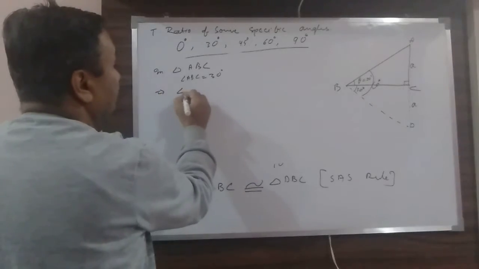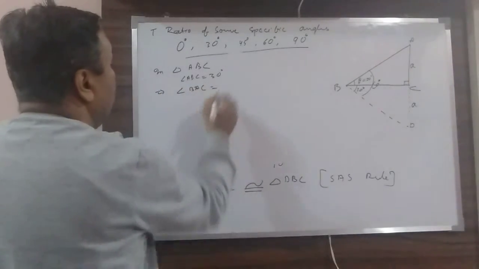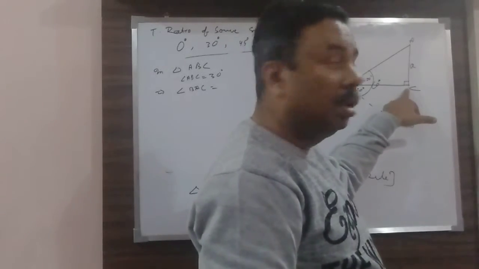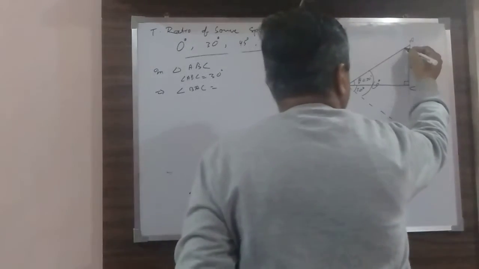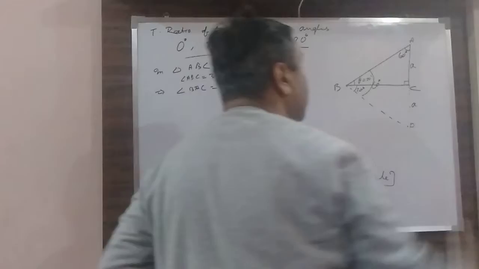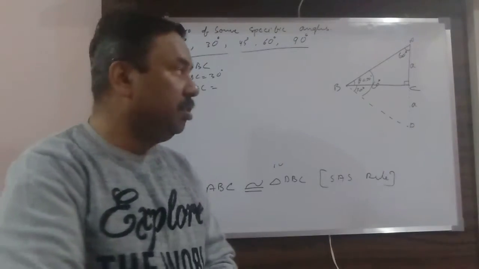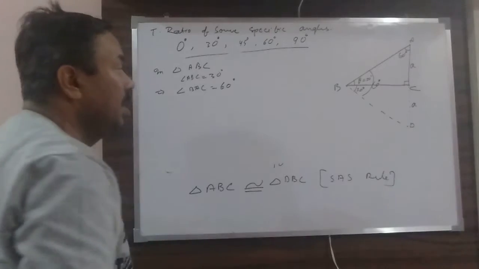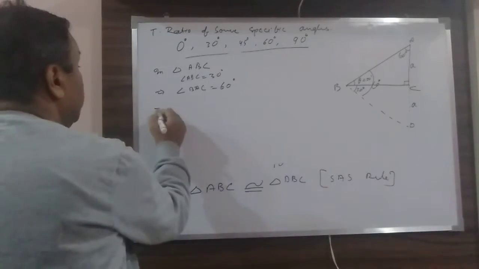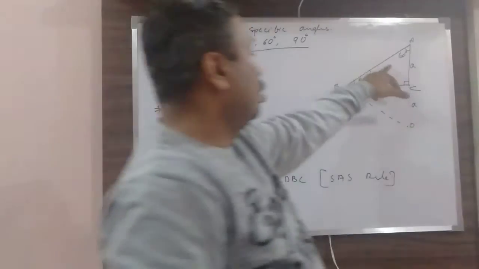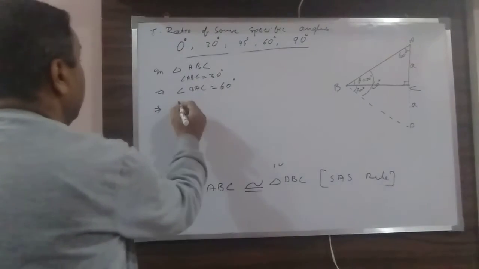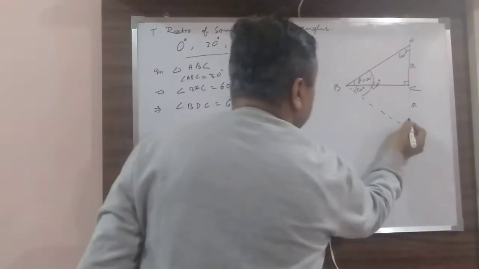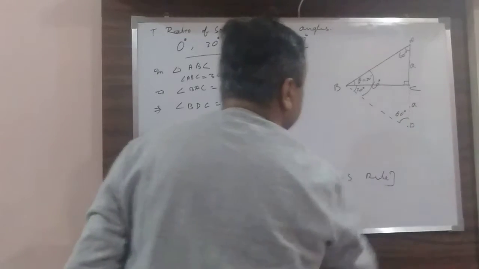This implies that angle BAC is equal to 60 degree, because these two angles have to be complementary. So this will be 60 degree. Similarly, since both the triangles are congruent, angle BDC will also be 60 degree.